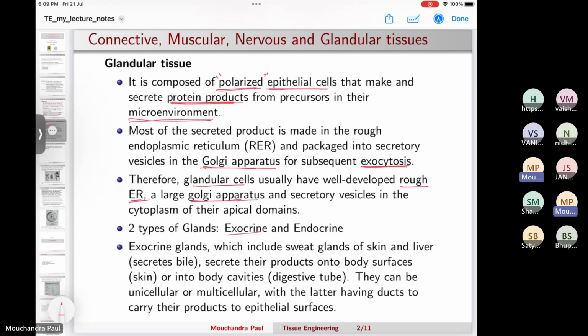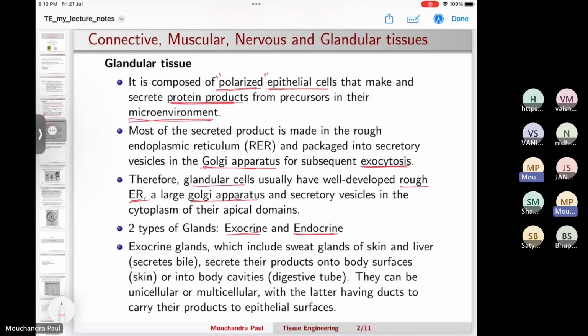And glandular cells make up the glands, right? If we distinguish the different types of glands into two categories, one is called exocrine, another is called endocrine. The exocrine glands, like the sweat glands present in our skin, or the liver or the gallbladder, are called exocrine glands.